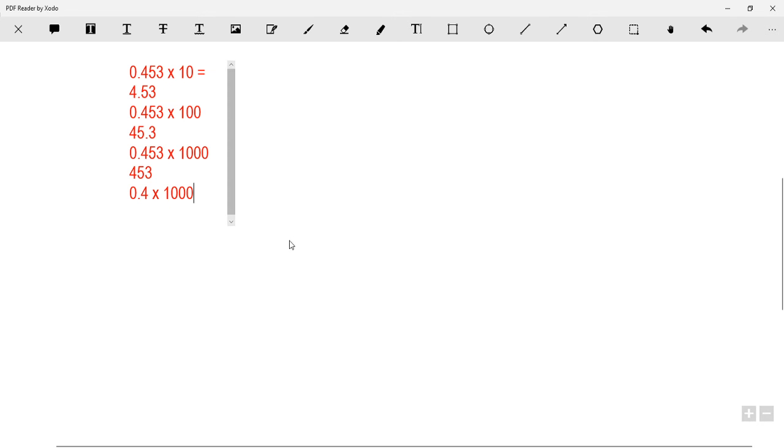Now, one thing I do want to point out is 4 tenths times 1,000. Look, this only has one number after the decimal place. So what are we going to do?